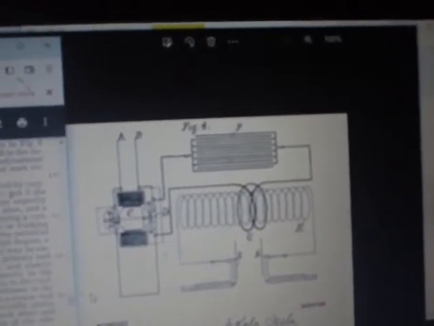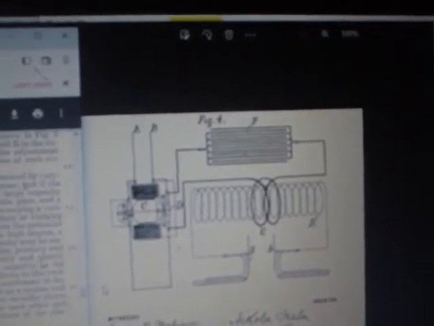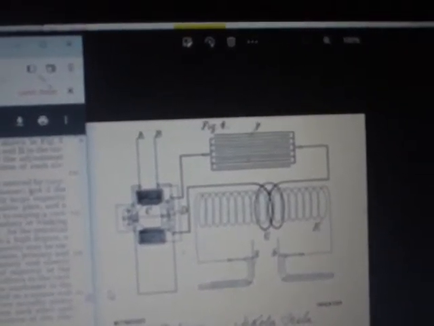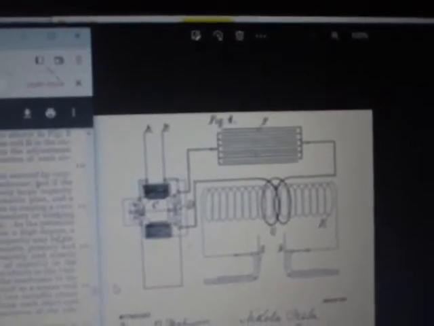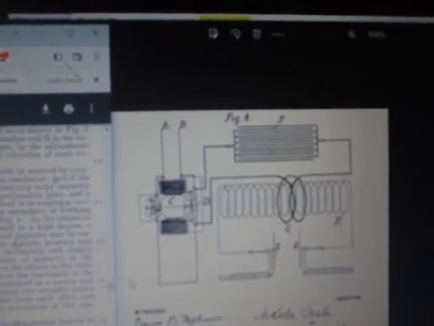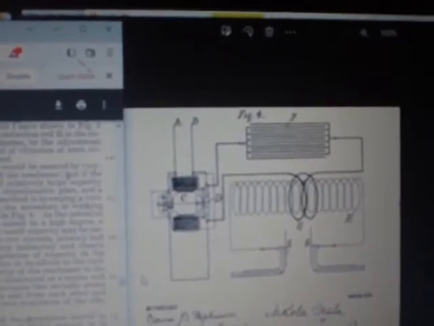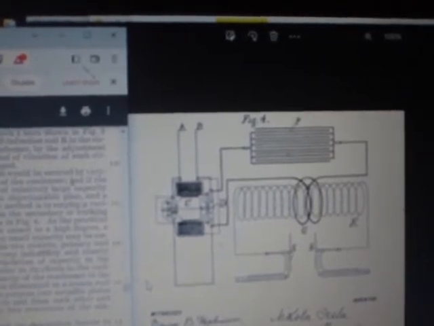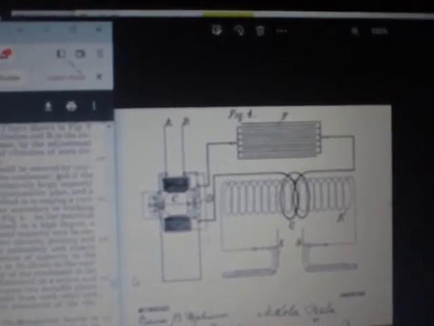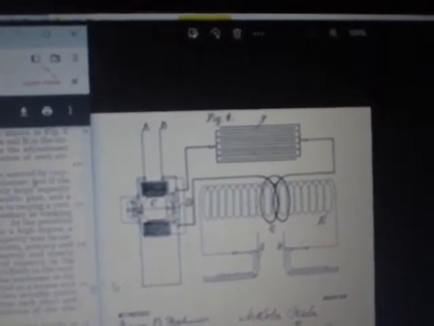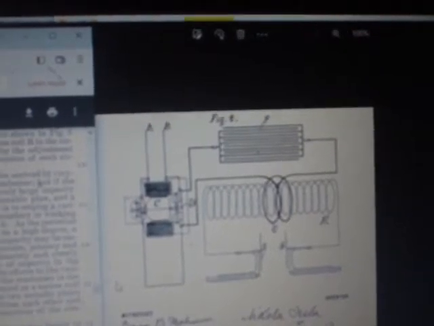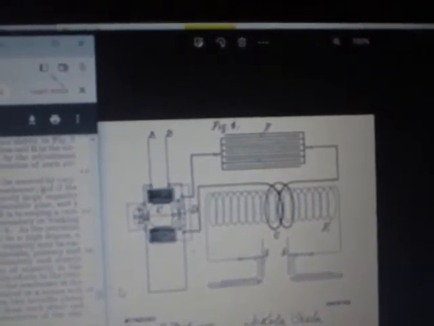So I will repeat: as the potential in this circuit is raised to a high degree, a condenser of very small capacity may be employed, and if the two circuits, primary and secondary, are very intimately and closely connected, the variation of capacity in the secondary is similar in its effect to the variation of the capacity of the condenser in the primary.